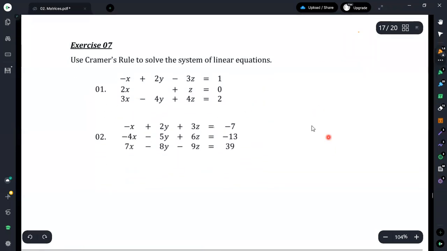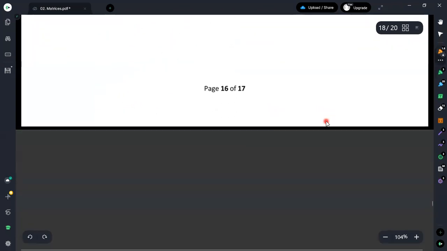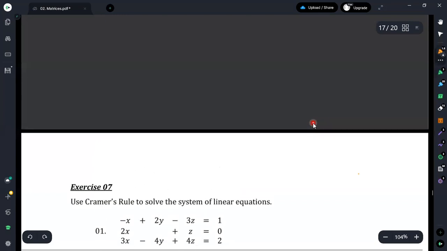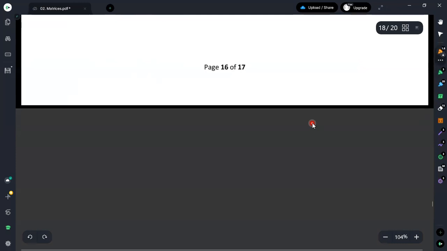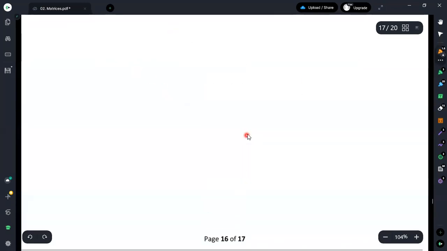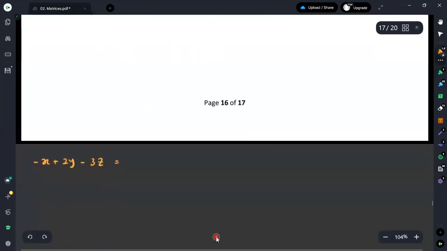If I write down the first set of equations, it is minus x plus 2y minus 3z equals 1, 2x plus z equals 0, 3x minus 4y plus 4z equals 2. If I initially write these values, it is minus x plus 2y minus 3z equals 1.